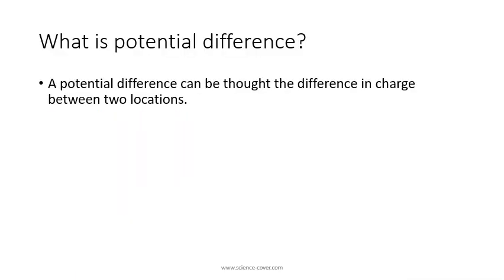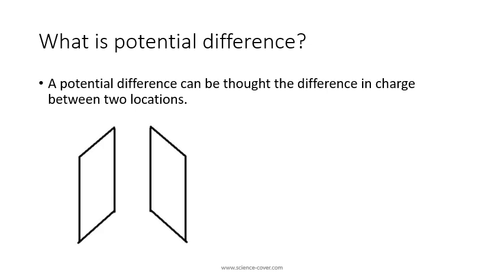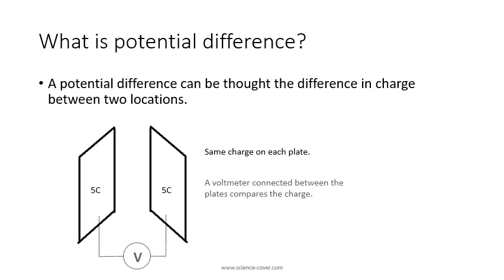Let us begin by looking at what is meant by a potential difference. A potential difference can be thought of as the difference in charge between two locations. If these two plates have the same charge upon them, let's imagine they have 5 coulombs of charge on each plate, then we have the same charge on each plate.